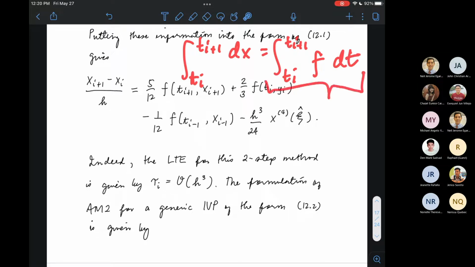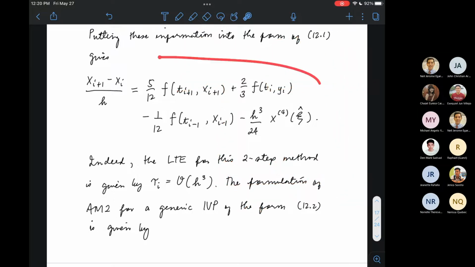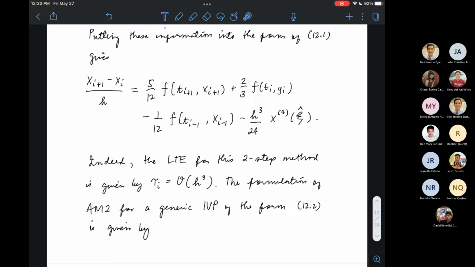So ito yung integral na nakuha natin mula dun sa pag-i-integrate ng Lagrange interpolating polynomial. Tapos ito ay magiging x sub i plus 1 minus x sub i. Para makita ko really what is the local truncation error, I need to divide both sides by h. Alright? I-divide ko by h yung integral na nakuha natin, and I will come up with this integral. Okay? Kaya gusto ko siyang isulat ng ganito na yung right-hand side ay isang difference quotient, para makita ko ano talaga yung local truncation error, alright?